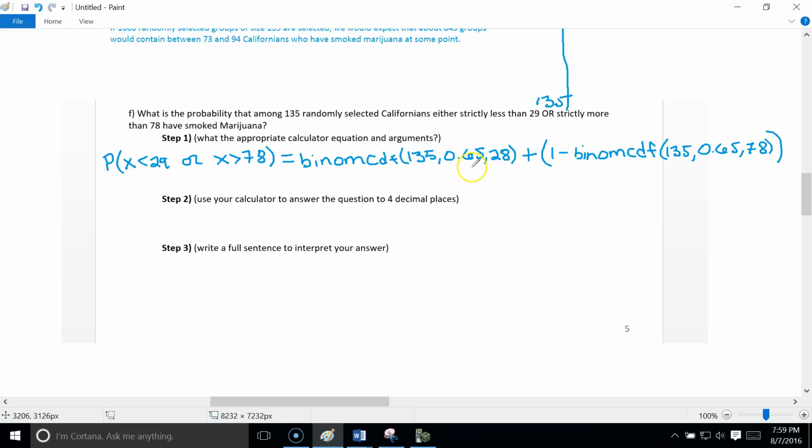Now the other ones are strictly greater than 78, so I want 79 or larger. So the complement would be to include from 0 to 78 and do 1 minus that to get me the complement, and that would include 79 or larger. So we'd have this, 1 minus binomial CDF of 135, 0.65, 78.